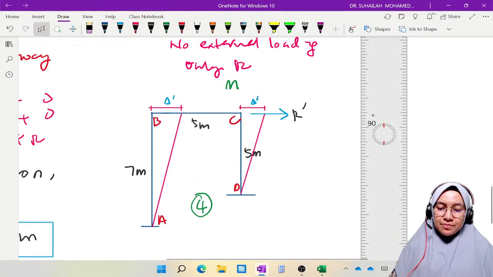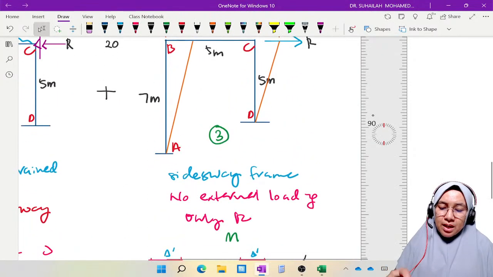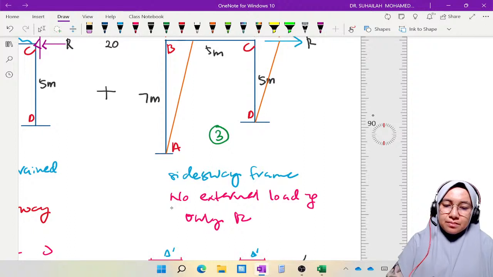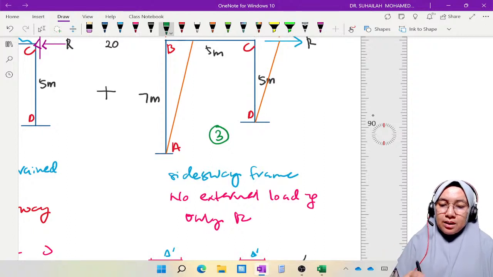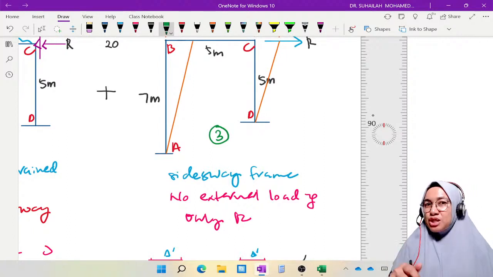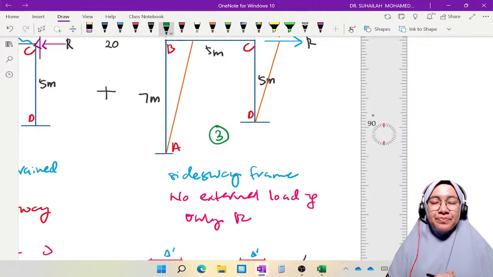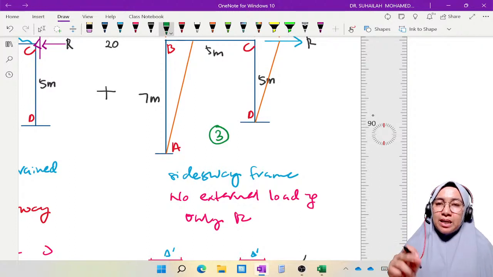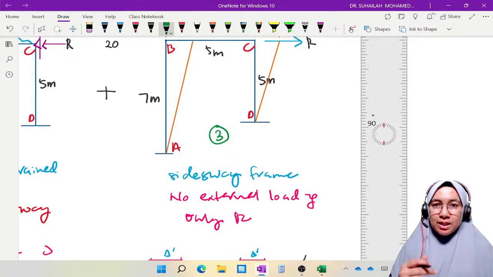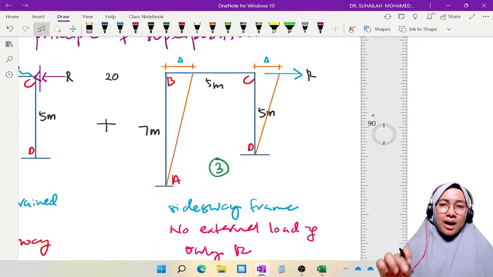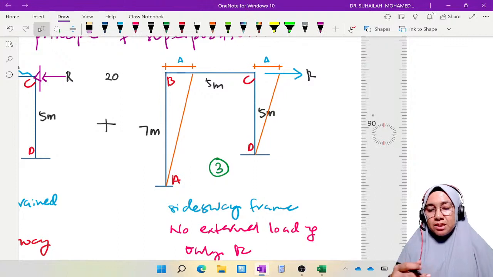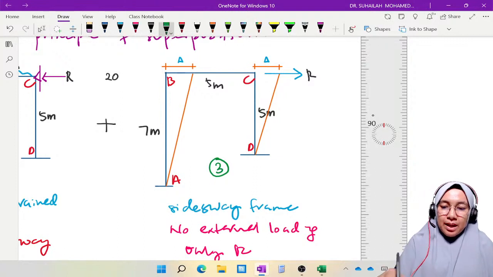And remember, in diagram number 3, as I mentioned in my previous video, the end moment from the restraining force R and delta brings end moment in diagram number 3, and the label is M.